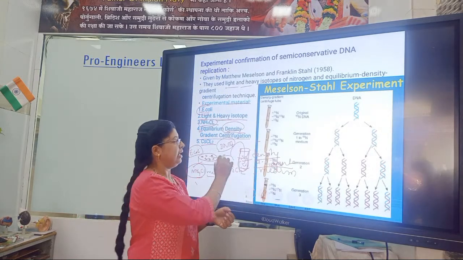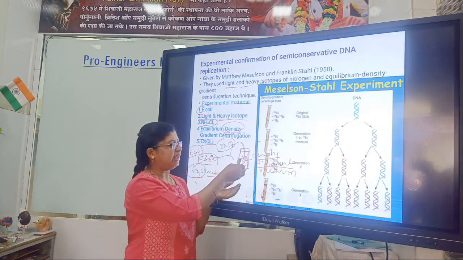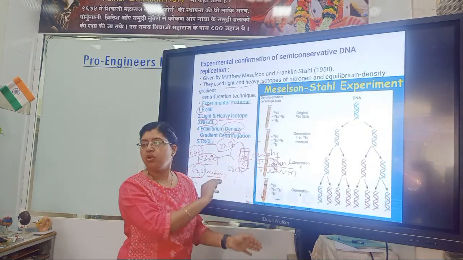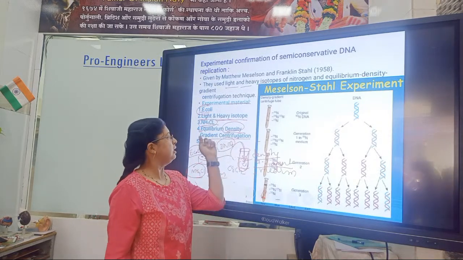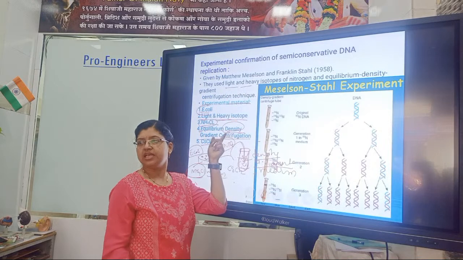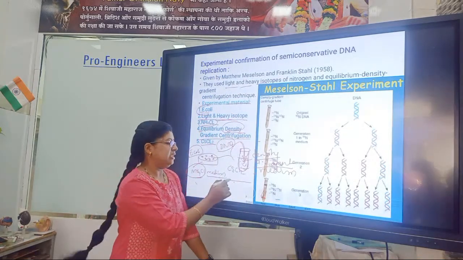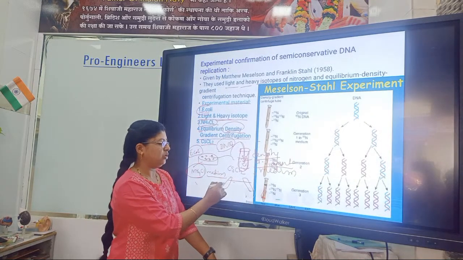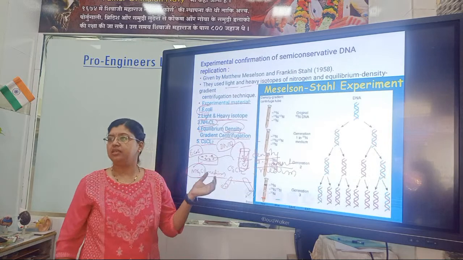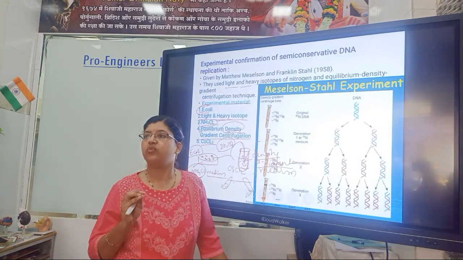Okay, this DNA is added into it. After adding the DNA into this medium, what happens? They run it on this technique, that is the centrifugation technique. We have already seen that. Centrifugation technique means the device contains the test tube holders and they run with the centrifugal force.